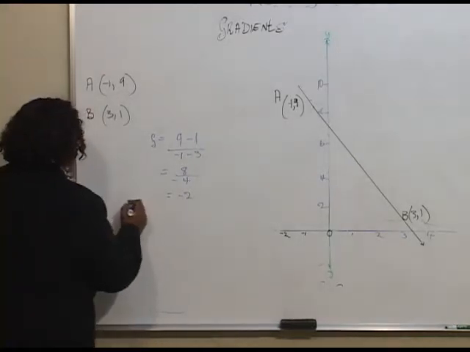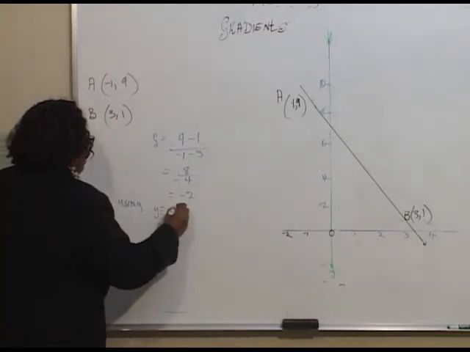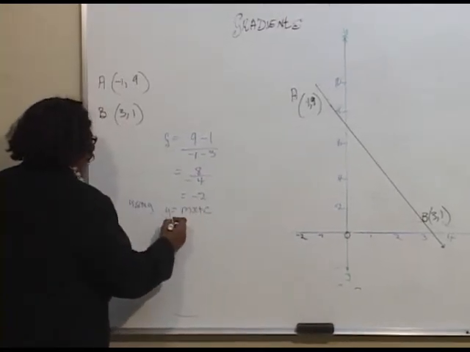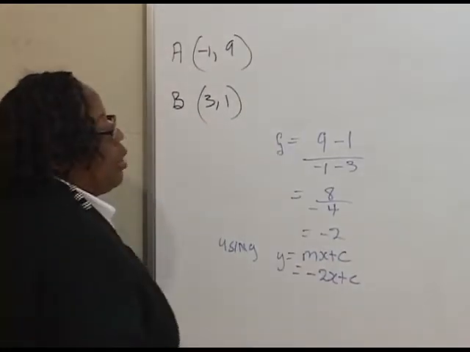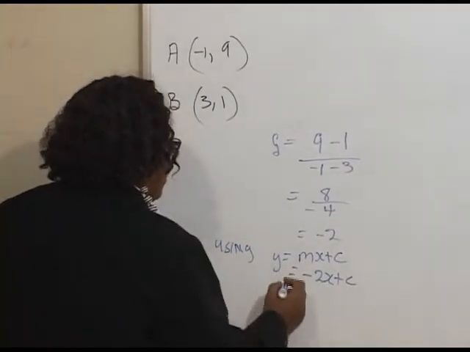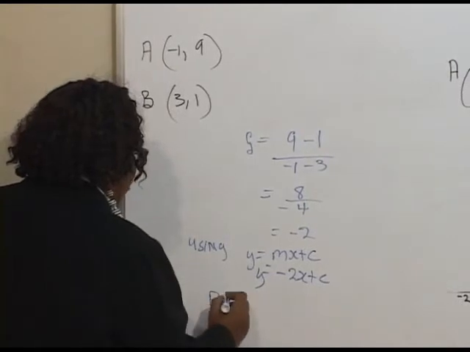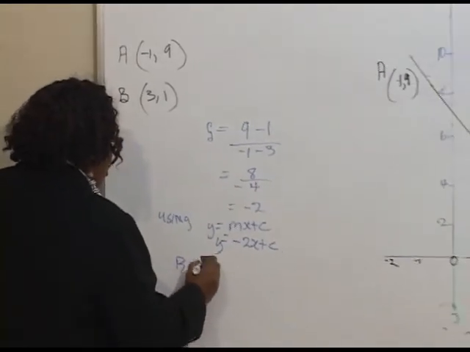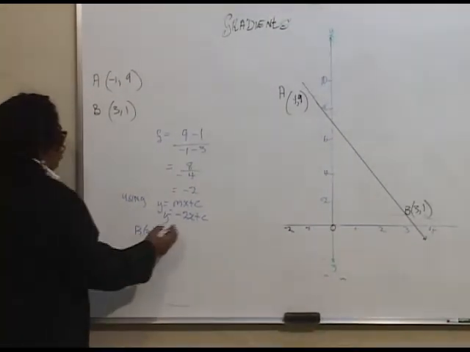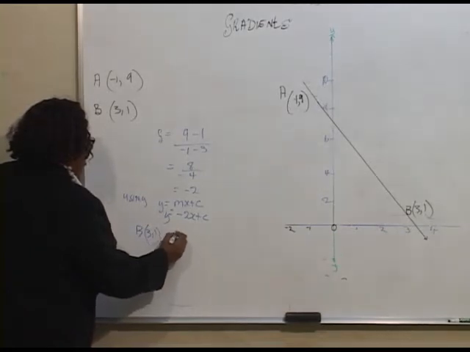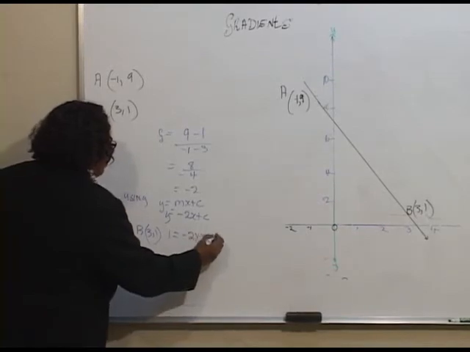It says, write the equation of the line AB. And we know right away we're using y = mx + c. We have the gradient and it's equal to -2, so y = -2x + c. And we're using our smallest coefficients. Then using B, at the coordinates (3, 1), we're substituting 1 for the value of y and 3 for x. So you would have 1 = -2 times 3 plus c.